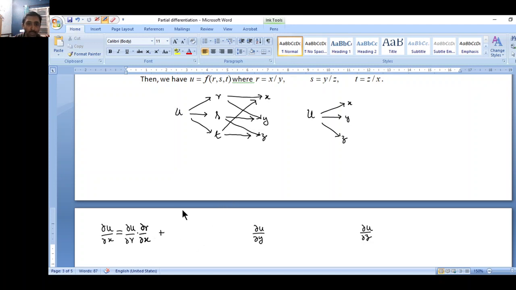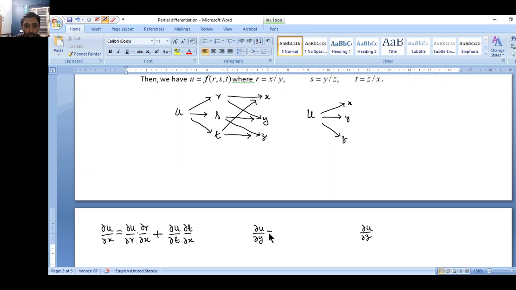Okay, next, that is one route from U to X through R. And now I have another route from U to T and then T to X. Accordingly, the next term would be dou U by dou T, and then dou T by dou X. These are the only 2 terms that are going to be there in the expression for dou U by dou X.